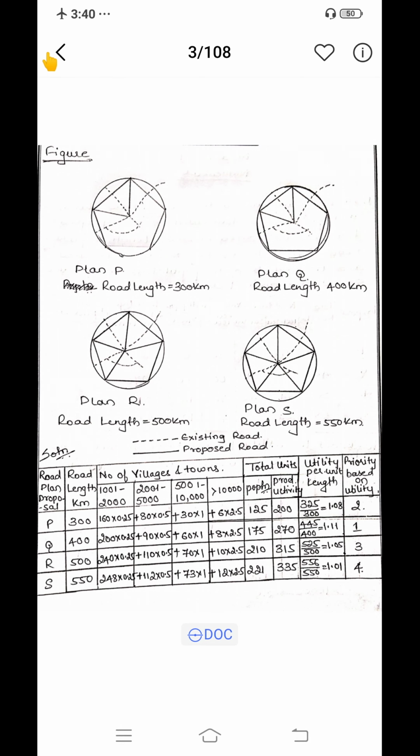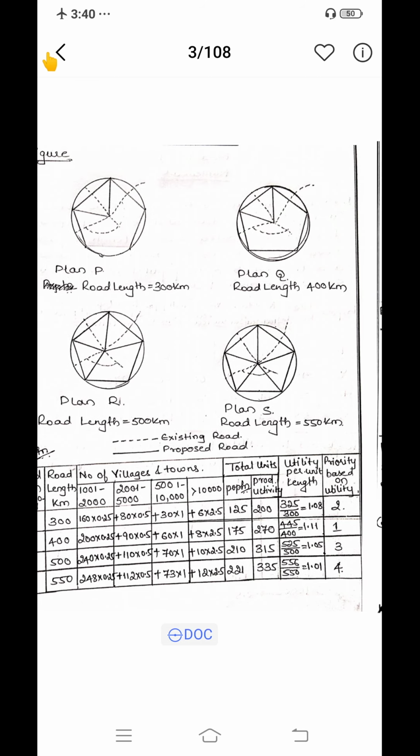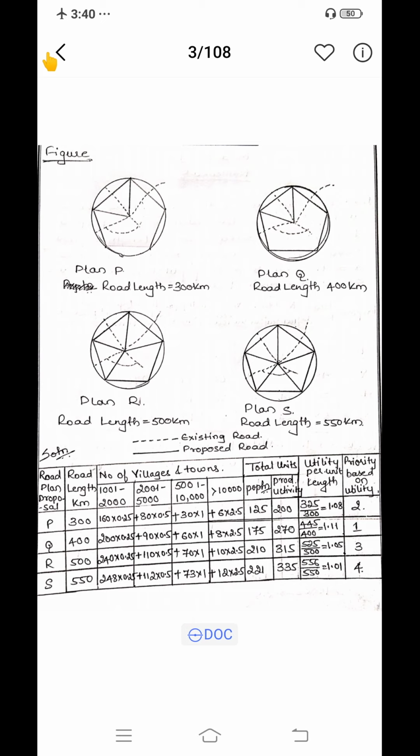Between 2000 to 5000 there are 80 villages with utility unit 0.5, so multiply by 0.5. Plus between 5000 to 10,000 there are 30 villages with utility unit 1, and above 10,000 there are 6 villages with utility unit 2.5. Multiplying and adding, you get 125, right?